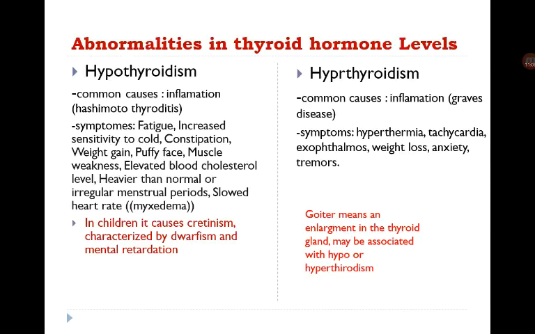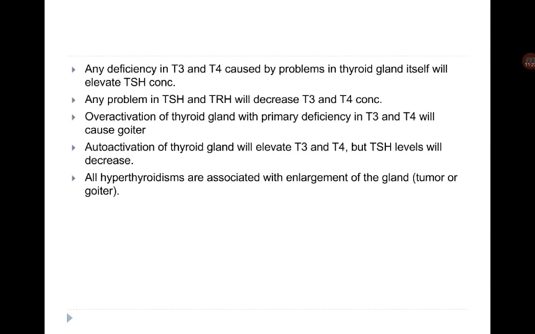Sometimes goiter may be a result of hypothyroidism. Sometimes it may cause hyperthyroidism. So we have to differentiate between these. This information is written in Dr. Salim's slides and sheets. You can go and check them.